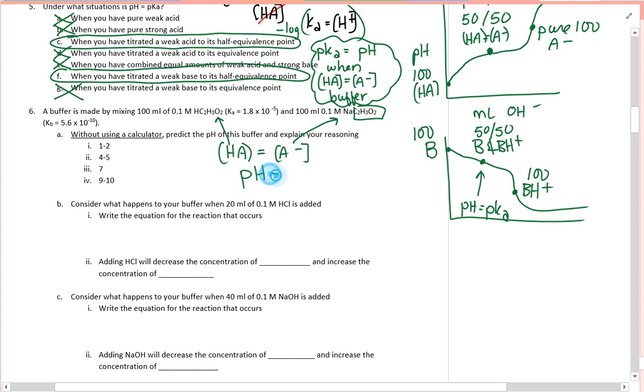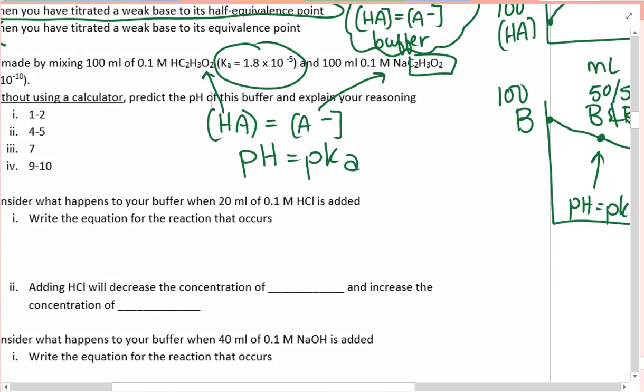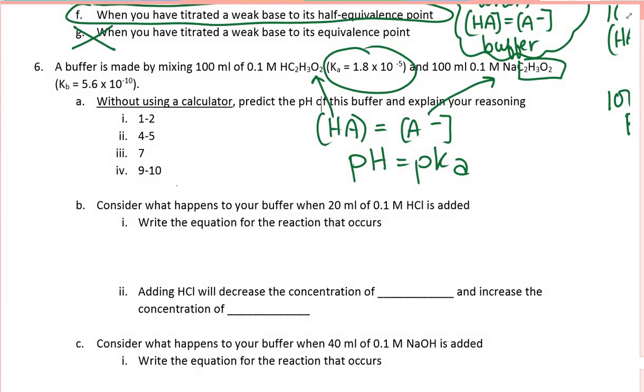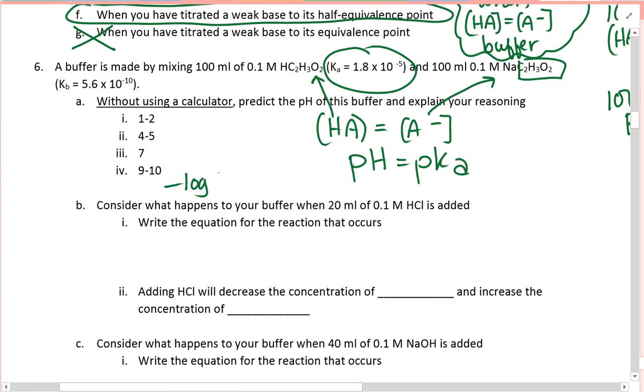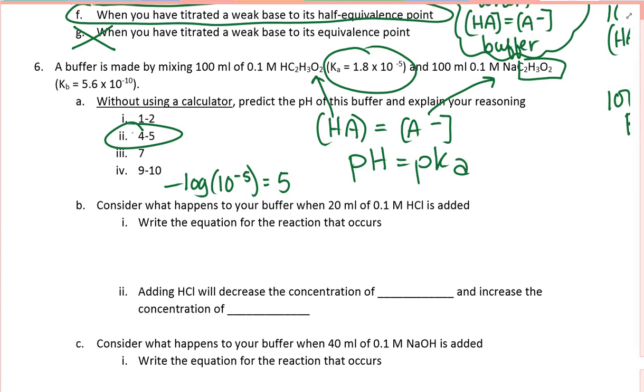The pH is going to equal the pKa of the acid. Do this without a calculator. Let's estimate what the pKa is. So here's my Ka value. pKa is the negative log of this number. The log of 10 to the minus 5 is going to be around 5. So the pH is going to be around 5-ish, a little bit less than that, probably around 4-ish. So you want to be able to do that without your calculator on the multiple choice.